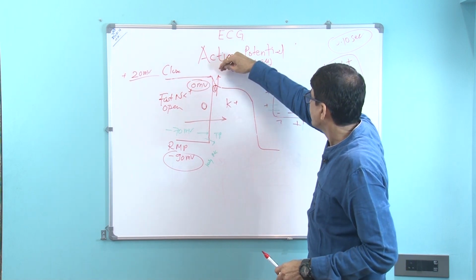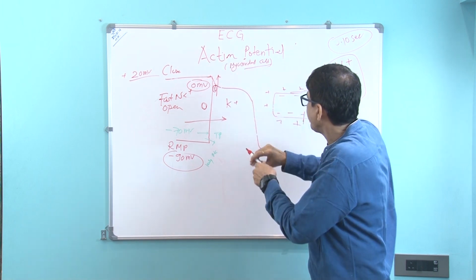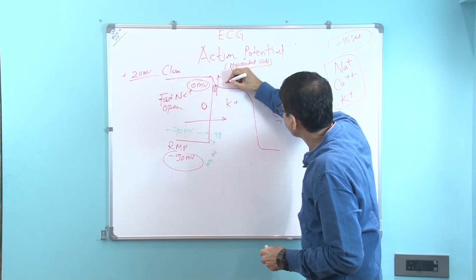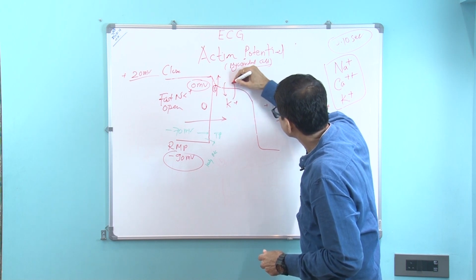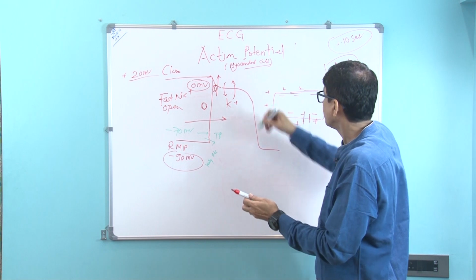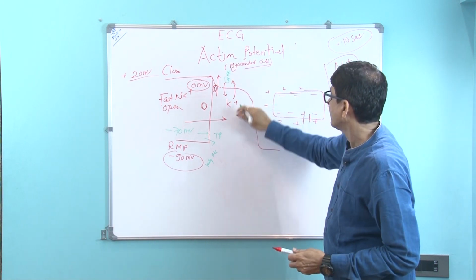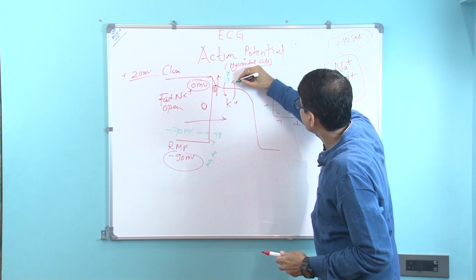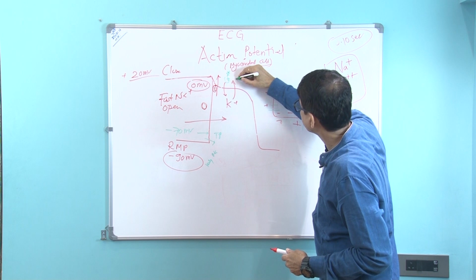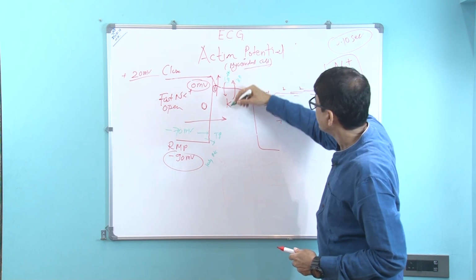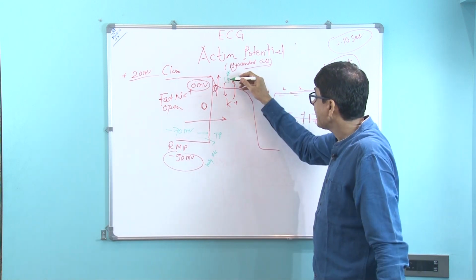Now this is phase 2. What happens in phase 2? In phase 2, calcium enters the cell, but at the same time potassium goes out of the cell. This is potassium leaking out. Why calcium?